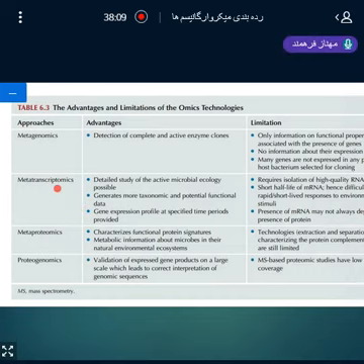Okay, the next technique is meta-transcriptomics, and the advantage is that a detailed study of the active microbial ecology is possible. That is good, it generates more taxonomic and potential functional data, and that is very important for taxonomy of the bacteria.